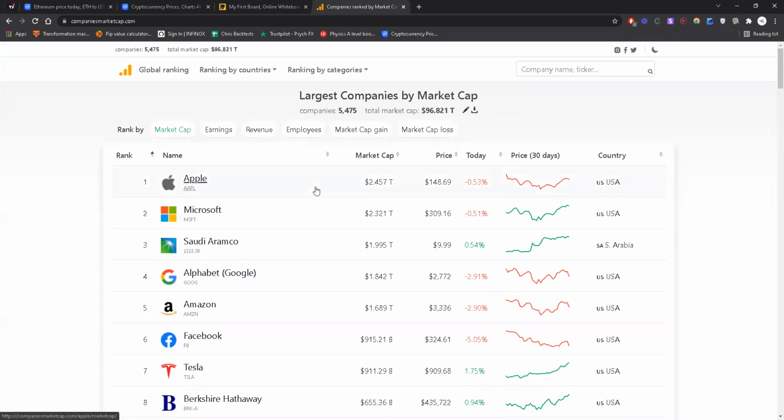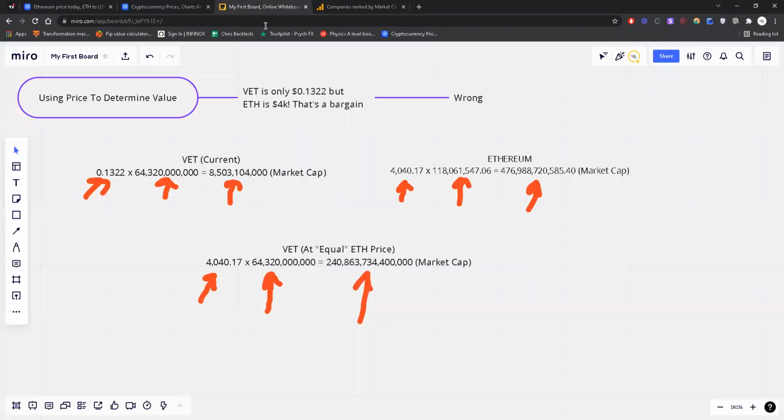So in other words, the value of all of the largest companies in the world. All of these companies combined, their value is only 96.821 trillion. I say only, this is an absolutely insane number. Obviously, it just seems a little bit lower compared to the number we just pulled out of thin air, basically. So that would mean that the value of VeChain would have to quite substantially over double the value of the top 100 companies in the world.